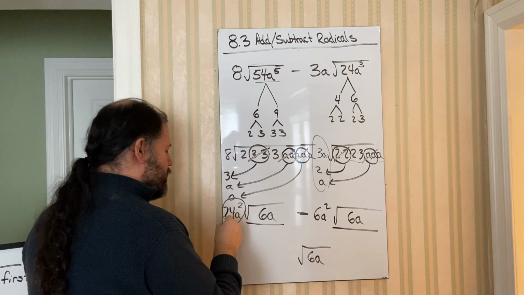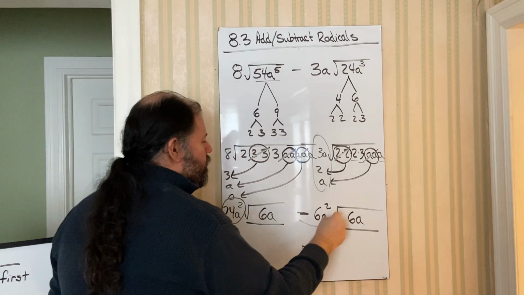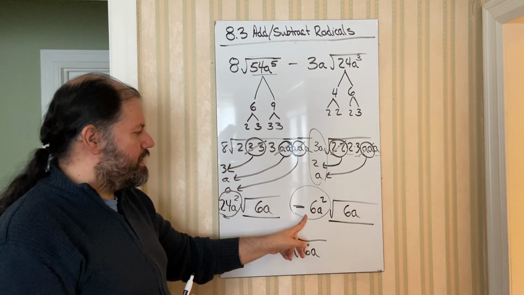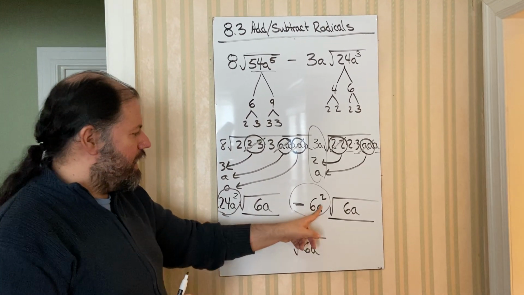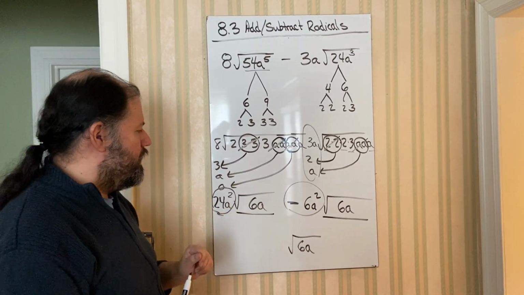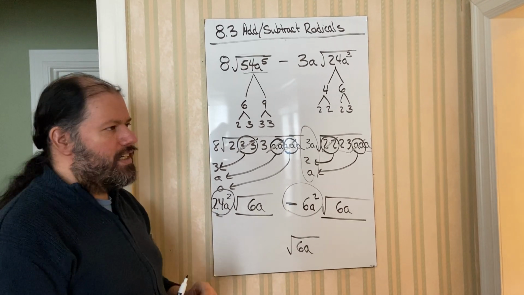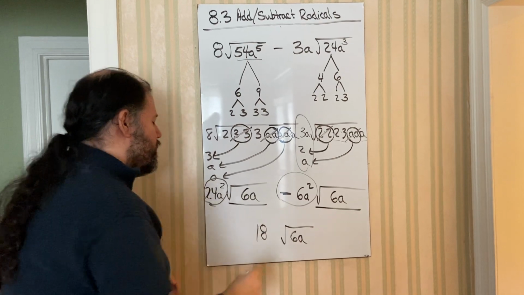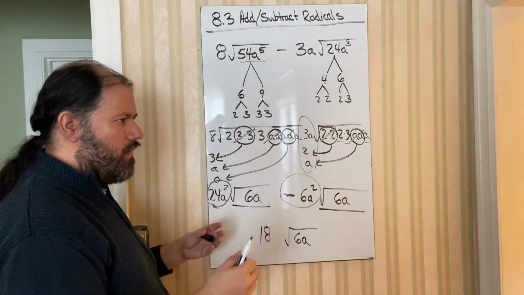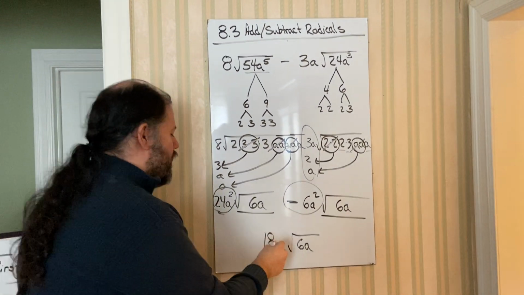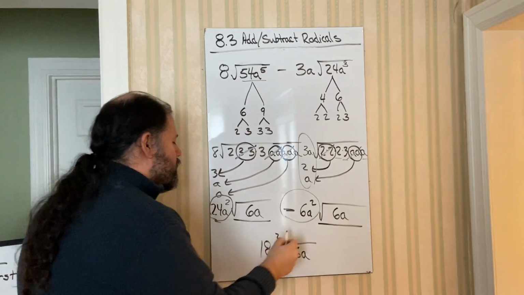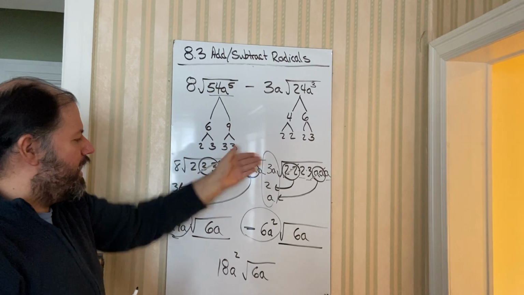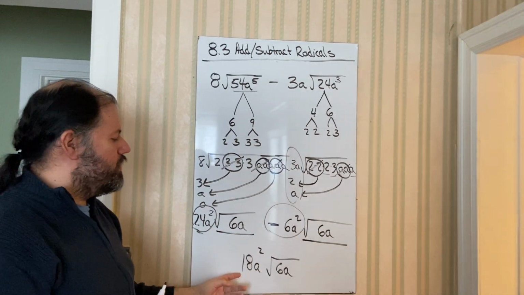These that are outside the radicand, remember, your coefficients? Can we combine 24a squared with 6a squared? Yes, because they have the same variable part. This is a positive, this is a negative, so we'll subtract, and we'll get 18. And remember, a squared stays the same variable part, a squared. So even though these didn't match in the beginning, if you simplify, they do match, and then you can combine.